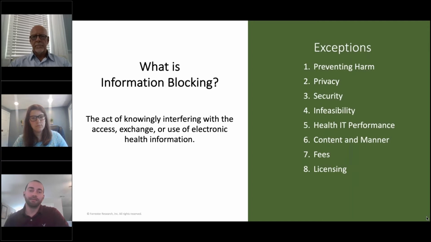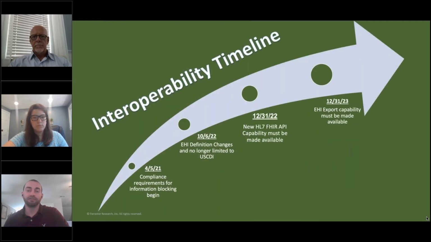Now, in terms of a timeline for the implementation of these new certification standards, we're actually already past the middle point. Information blocking regulations have been in effect since April of 2021, although no penalties or punishments have actually been given out yet. This is due to the lack of guidance from the Office of Inspector General.